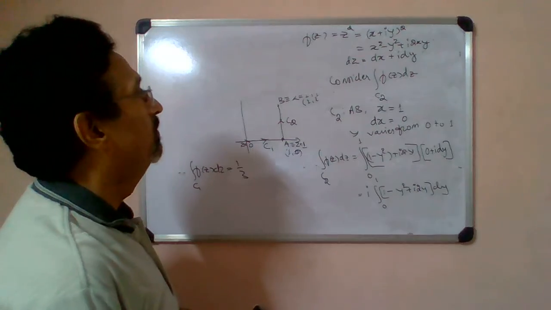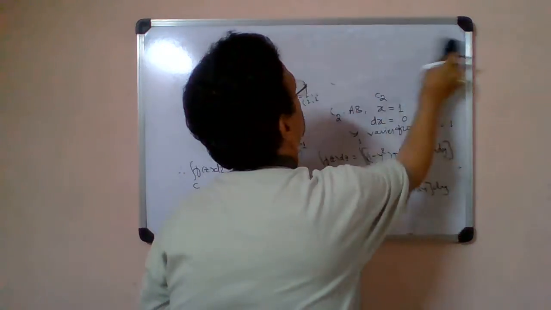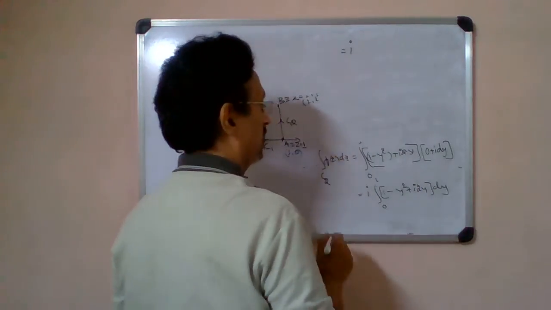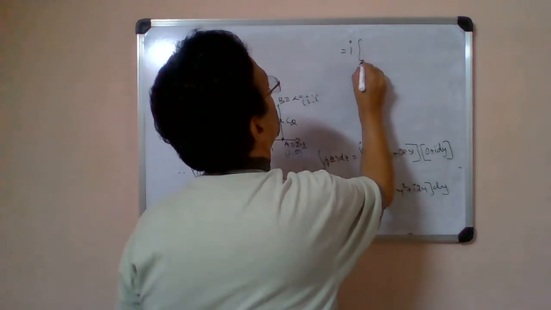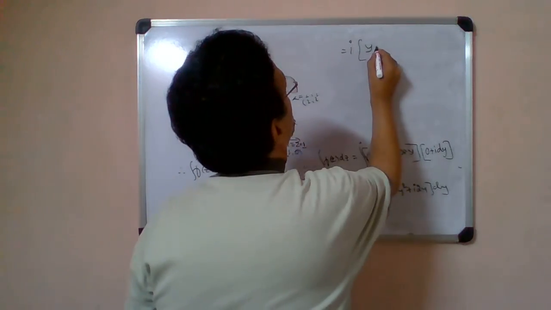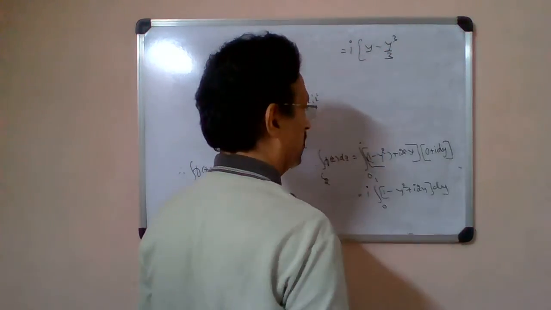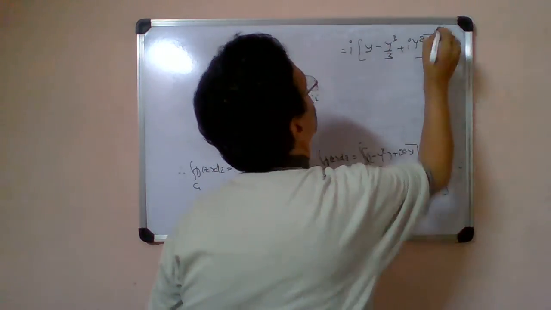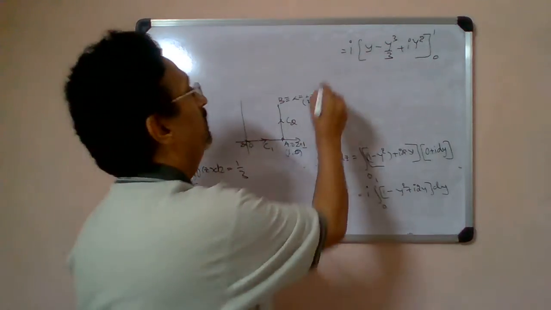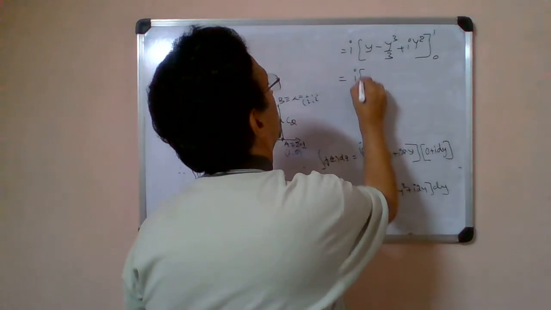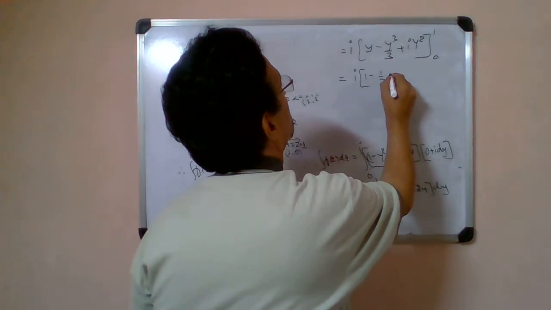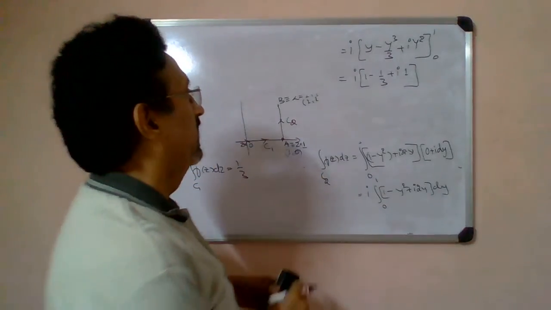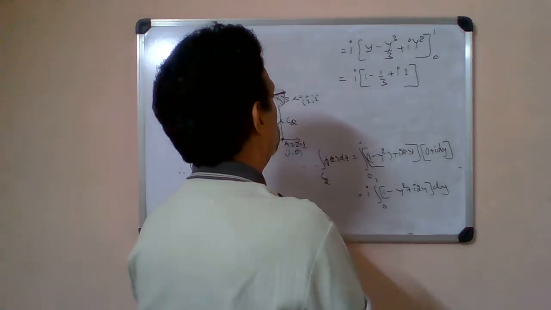So if I simplify this, it will be equal to i times the integral of 1, which is y, minus y cubed by 3, plus i times y squared, from 0 to 1. Therefore, this will be equal to i times (1 minus 1 by 3) plus i times 1. 1 minus 1 by 3 is 2 by 3.